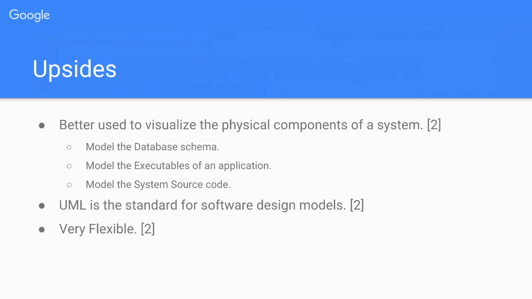From that point of view, component diagrams are used very well to visualize the physical components in a system. Like Andrew talked about earlier, these components are things such as libraries, packages, files, etc. So it's the physical components of a software platform. Component diagrams are very important from an implementation perspective. The implementation team of an application should have a proper knowledge of the component details.